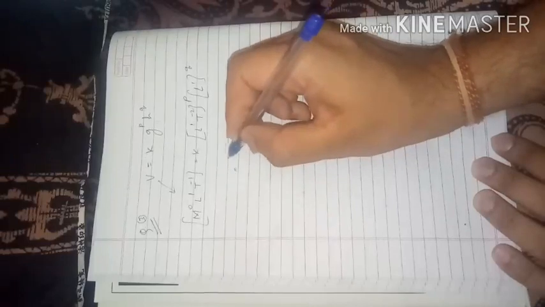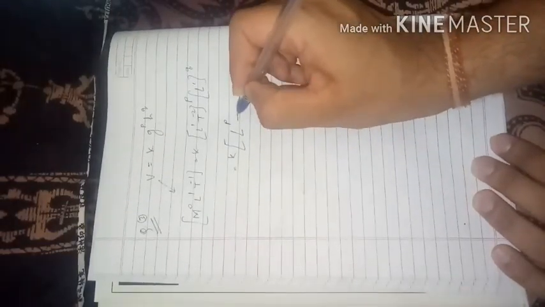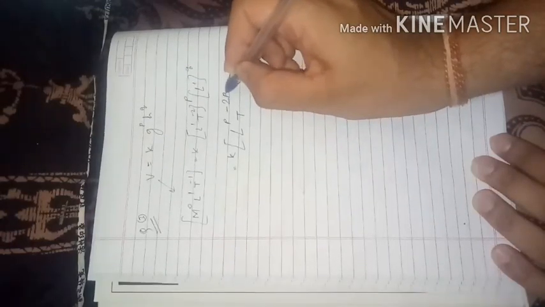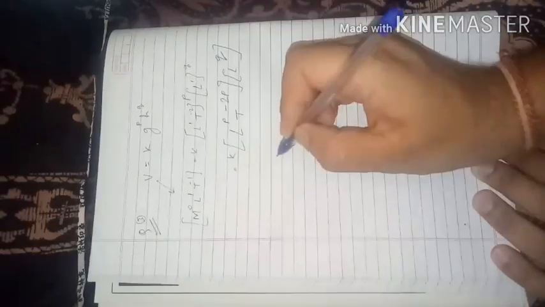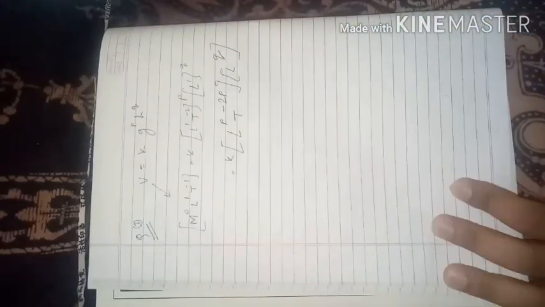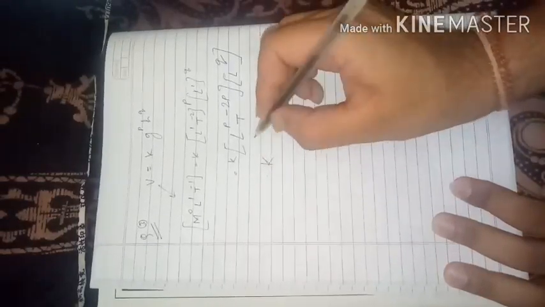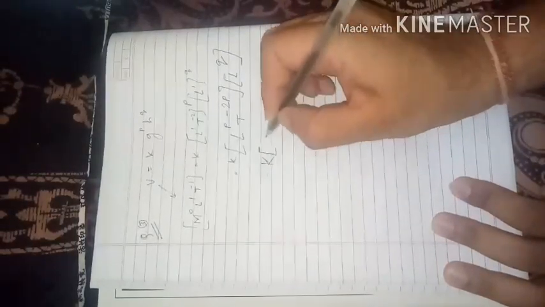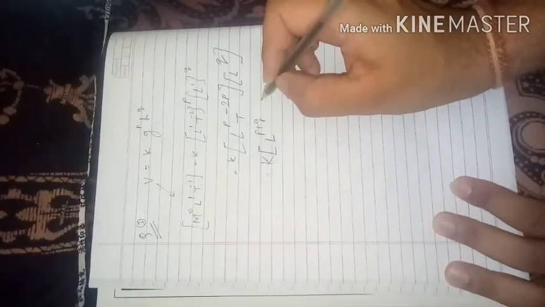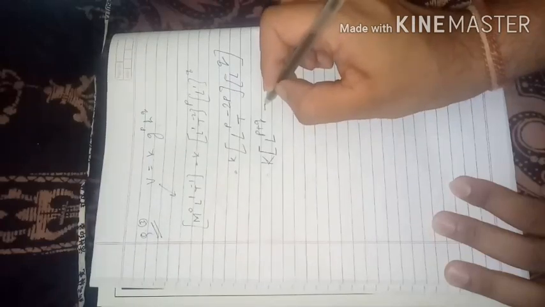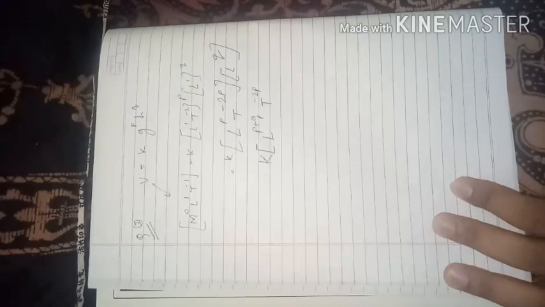Okay, so that's very simple. So this will be k, and this will be L raised to p t raised to minus 2p, and this will be L raised to q. So we have to solve this one. So we'll get k, and this will be L raised to p plus q, and t raised to minus 2p.